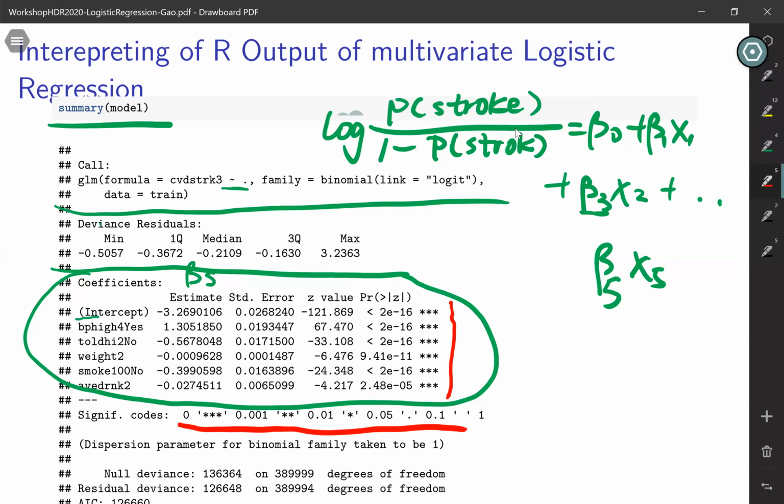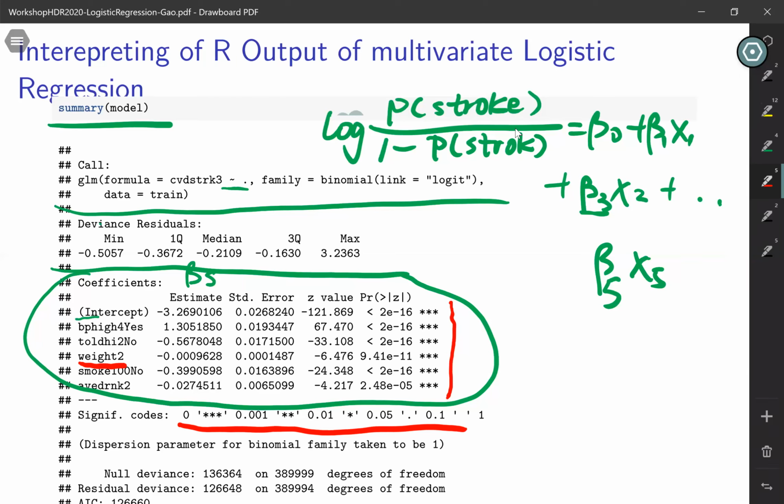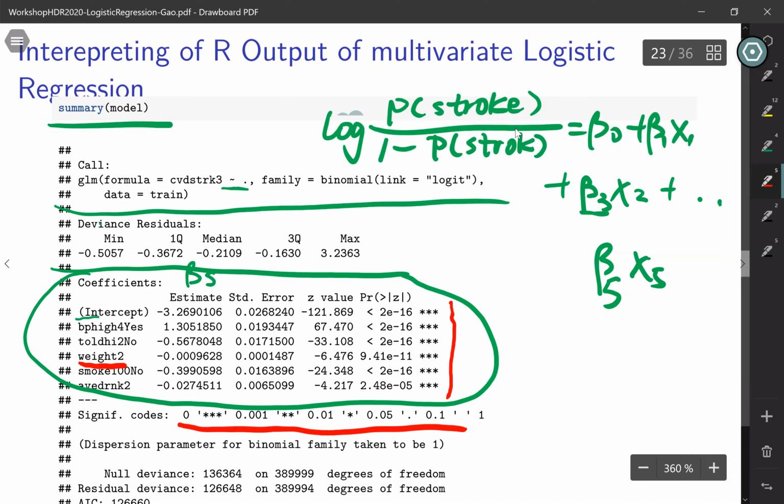But how do we interpret those relationships in detail? For example, if I increase the weight, if people have a greater weight, is the probability of stroke higher or lower? How do we interpret those things?